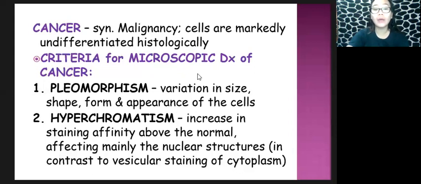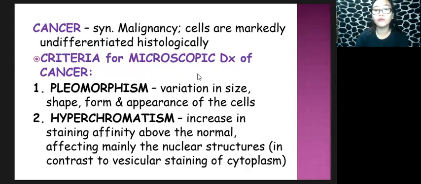So number one, we have pleomorphism. When we say pleo, pleo refers to many or varied, and morphism refers to the morphology of your cells. So in short, there is a varied morphology among your cells.